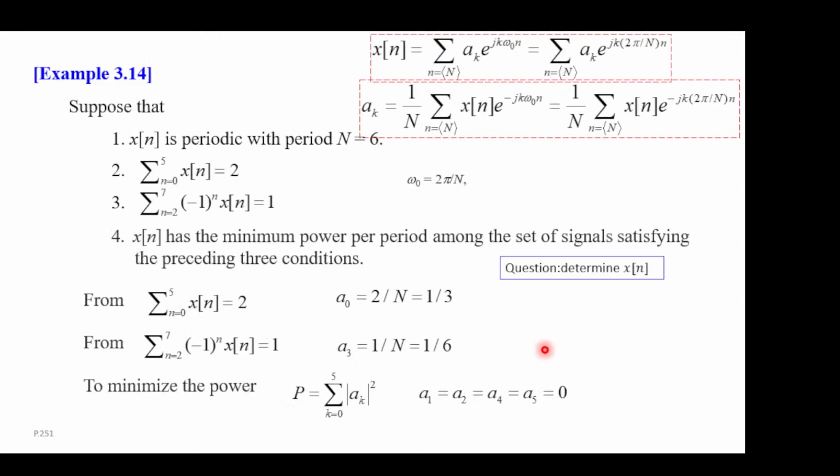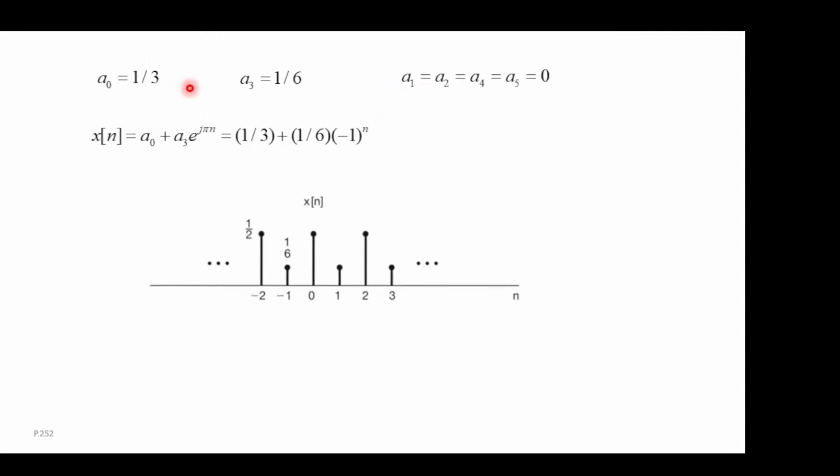And anyway, we want to determine xn, so actually there is a little bit more to do on this question. We get all the ak, this a0 to a5, but we want xn, so we need to use the synthesis equation to get your xn from your ak. Let's just plug in the formula.